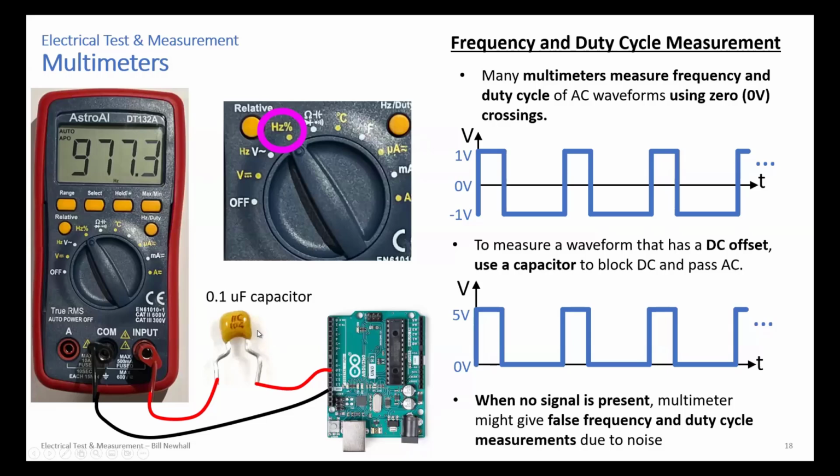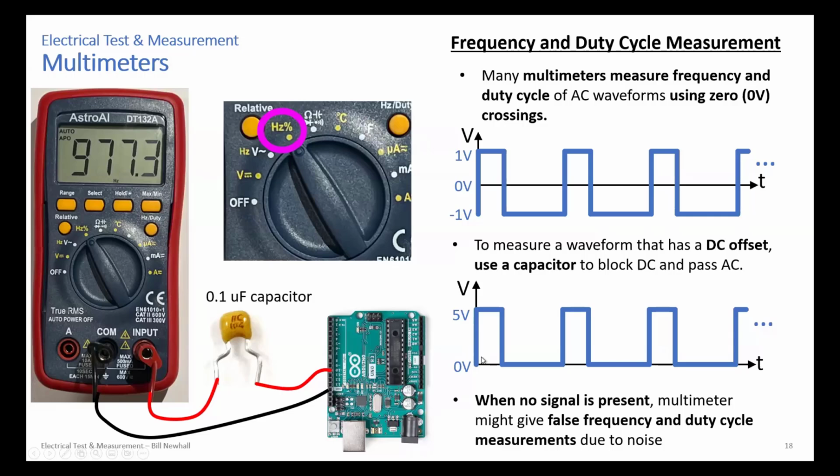The capacitor, depending upon its capacitance value, is going to distort that waveform a little bit. You might get some kind of exponential rise and exponential decay because of the RC time constant. But if you use a large enough capacitor, that shouldn't be an issue.